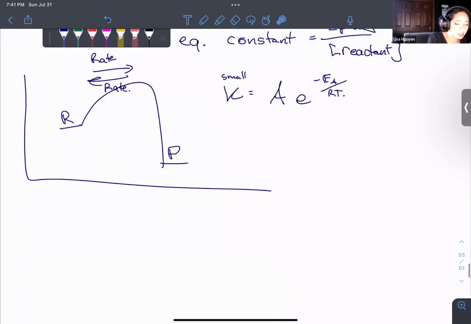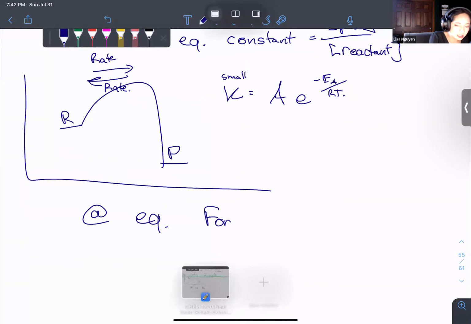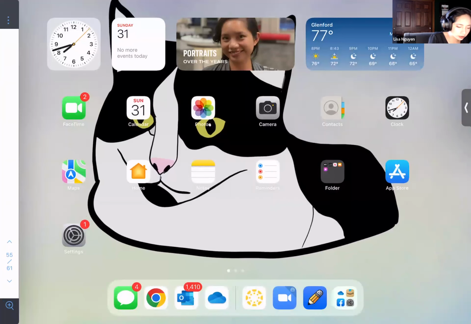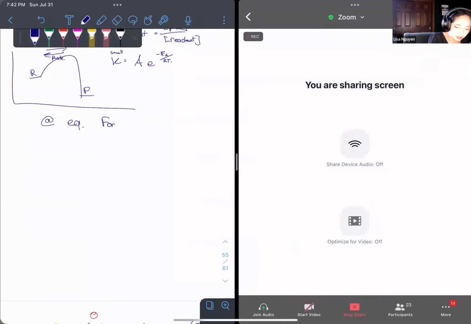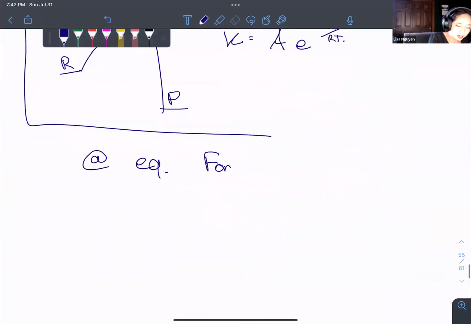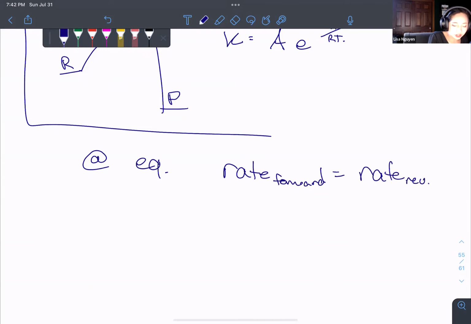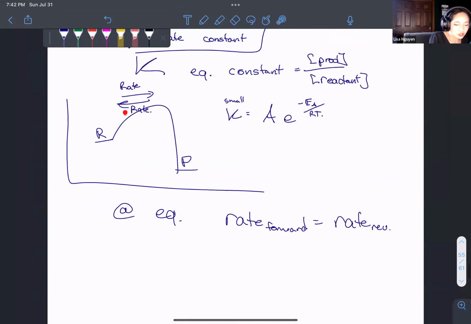Equilibrium constant comes into play with the idea that at equilibrium, the rate in your forward direction equals the rate in the reverse direction.